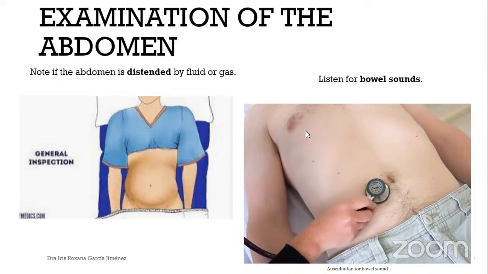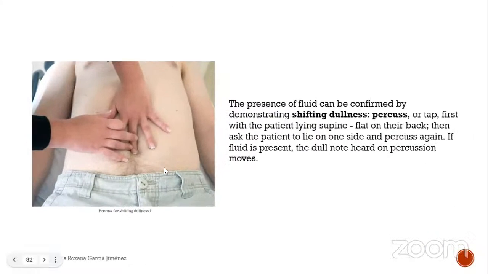During the auscultation, we listen for bowel sounds, intestine sounds, okay? Then we make the percussion and we can identify, for example, the presence of fluids, and we can confirm this by its shifting dullness, to percuss.